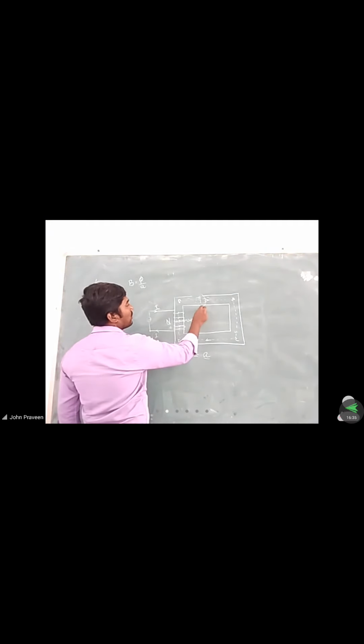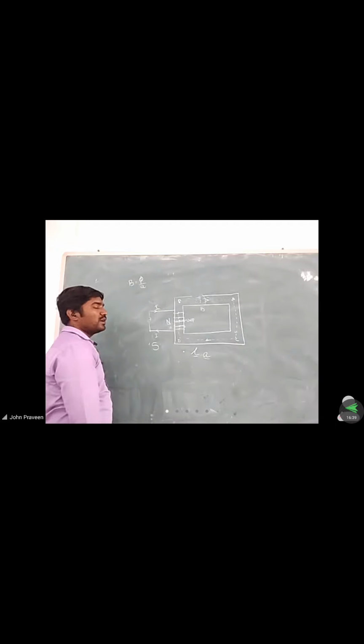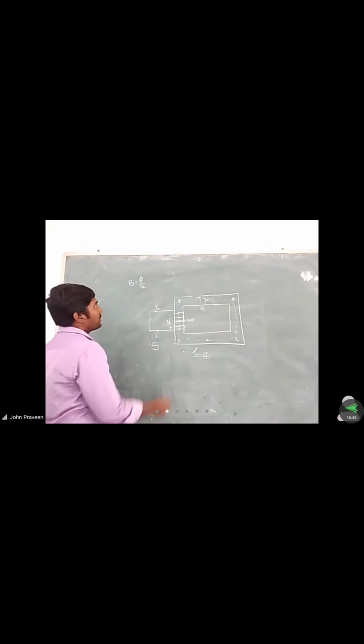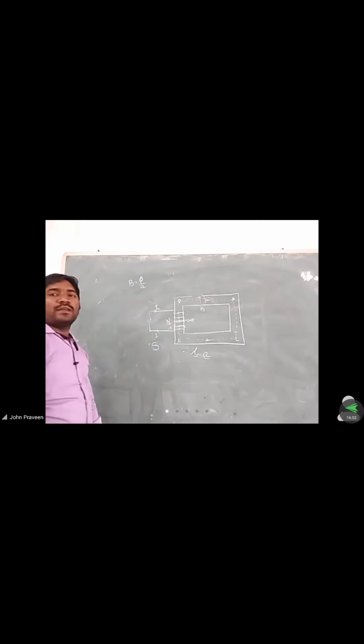The density of that material flux is B equal to phi by A. So it is directly proportional to flux and inversely proportional to cross section area. So B is equal to phi by A. This equation we have already derived in the previous classes.